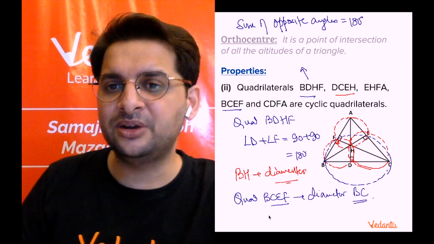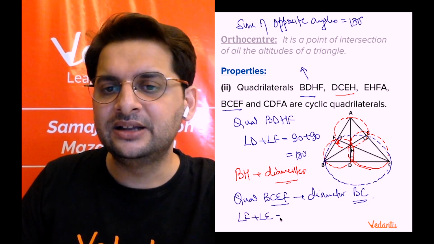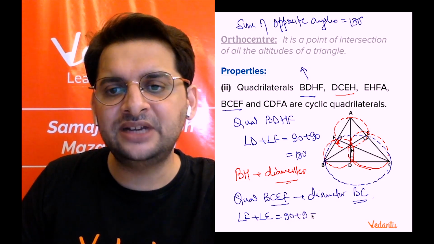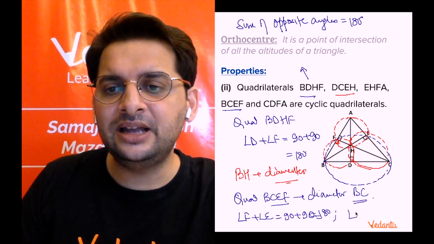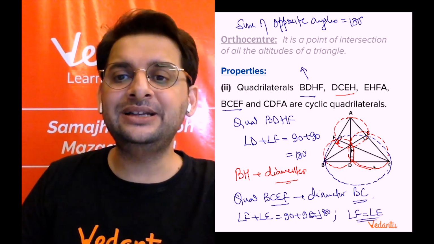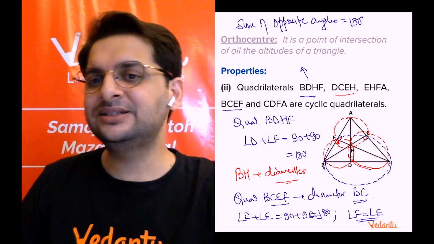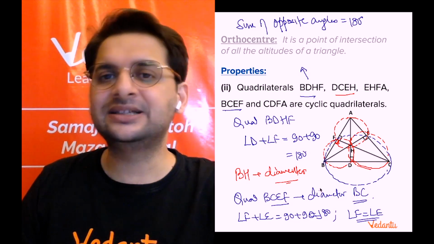This can be easily seen because we know that angle F in this quadrilateral plus angle E, this is 90 plus 90, which is 180. And in fact, angle F is equal to angle E. So basically, BC subtends the same angle at 2 points E and F, 90 degrees. So that means BFEC is a cyclic quadrilateral.